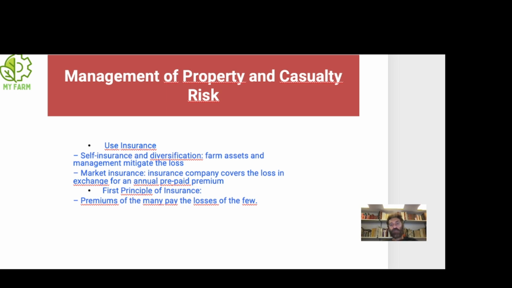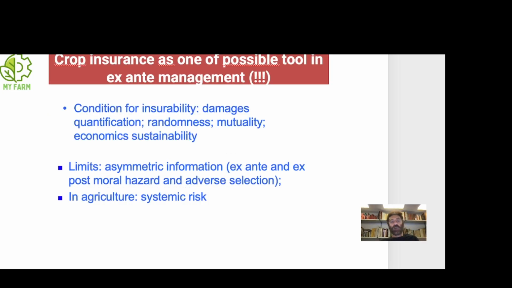One aspect that is important to underline in this context is that when the events and the damages are very systemic, crop insurance cannot be a perfect way to transfer risk because the insurance company cannot diversify risk among the insured portfolio. So the most common problems with traditional insurance are related to the presence of asymmetric information and to the degree of correlation among potential insured risks.